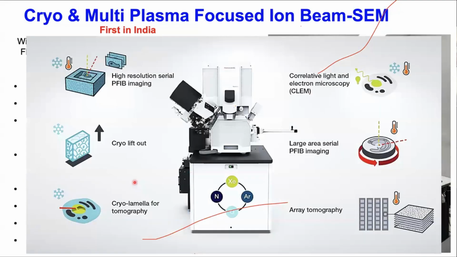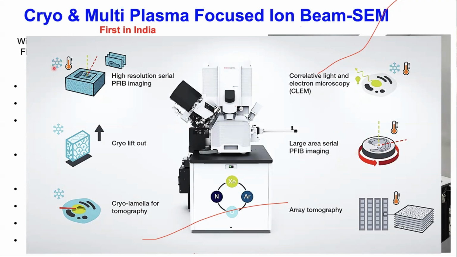These are the modes that anybody can use here: high resolution serial imaging, room temperature, cryo conditions, cryo lift-out, as well as cryo lamella preparation for tomography. For room temperature you can do correlative light and electron microscopy, as well as in cryo conditions. Large area serial milling we can do only at room temperature and in array.